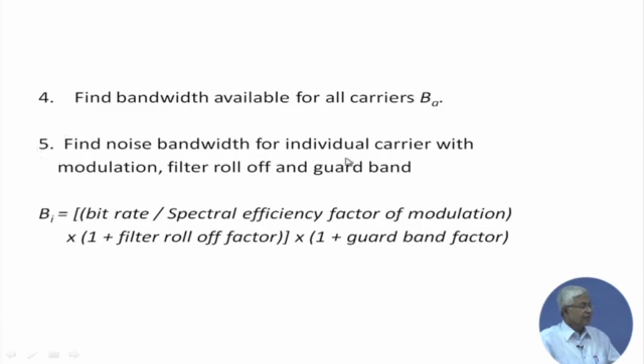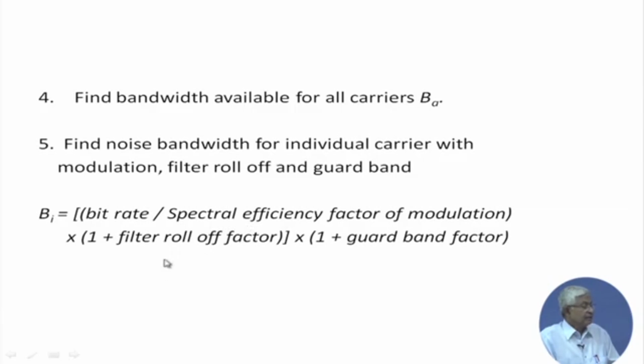Noise bandwidth of individual carrier. What is the noise bandwidth of an individual carrier? It depends on modulation, that is, the bit rate divided by the spectral efficiency. In case of BPSK, it will be the same, QPSK is half, that is divided by 2. Like that, for different types, such as MSK, a number will appear.